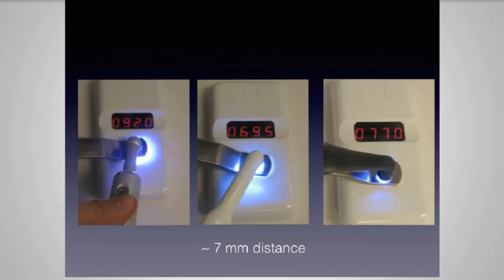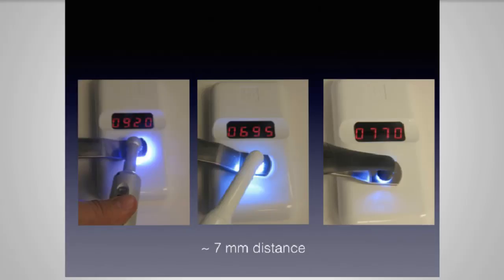And as you think about it, when you have a matrix band around it and you're aiming sometimes to the very base of your preparation, there could be 6 to 8 millimeters of distance. Are you sure that your light is transmitting enough energy to get down into it? If you don't know for sure, you may be creating problems that you never even imagined.